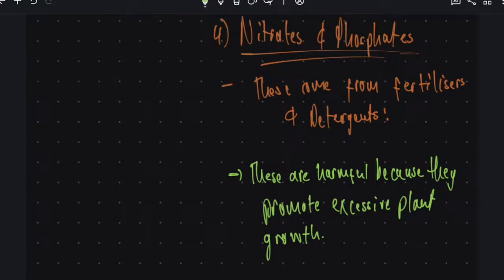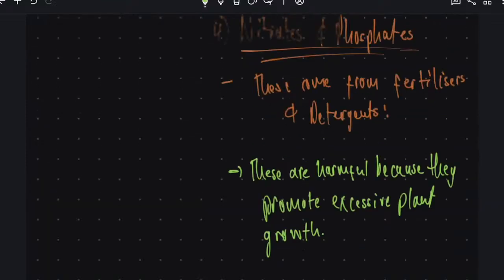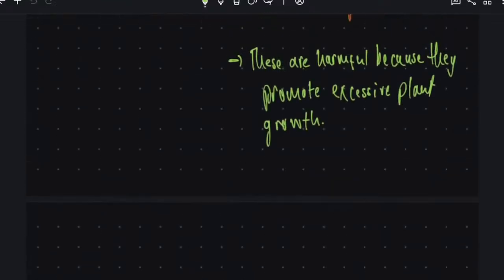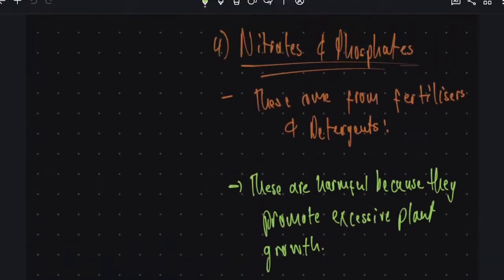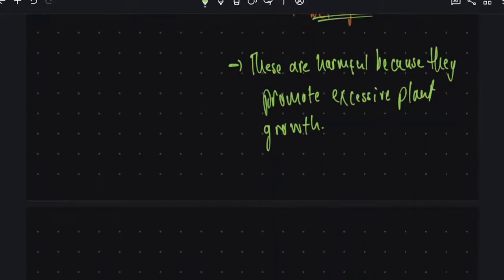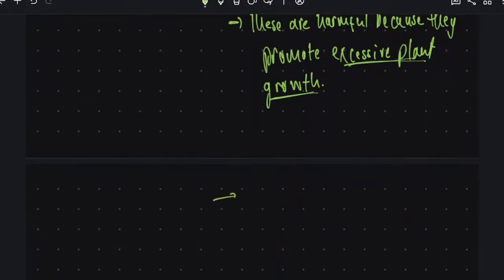That's eutrophication. So write the next lines and you'll be done with eutrophication. Say nitrates are from fertilizers, detergents, whatever you are doing. Now they are in natural water bodies, causing excessive, unrealistic plant growth in that water body.